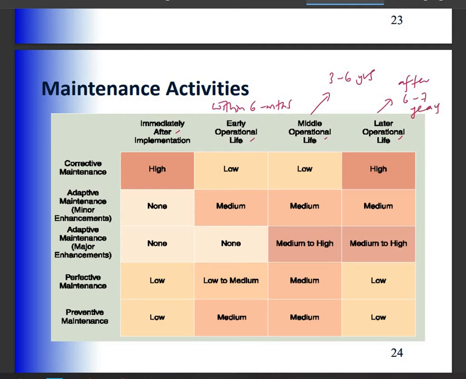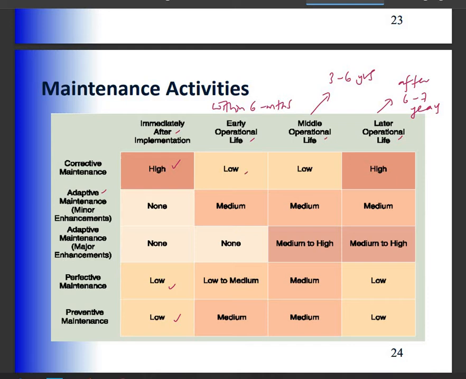Jadi kita tengok kalau immediately after implementation, corrective maintenance yang paling tinggi. Yang paling rendah ialah perfective dan preventive. Dan almost none ialah on the adaptive. Okay. Early operational life. Maksudnya mungkin within 6 months ataupun within 1 year.